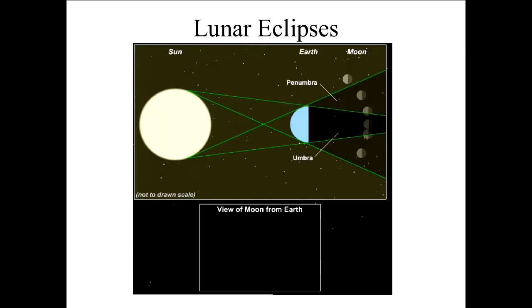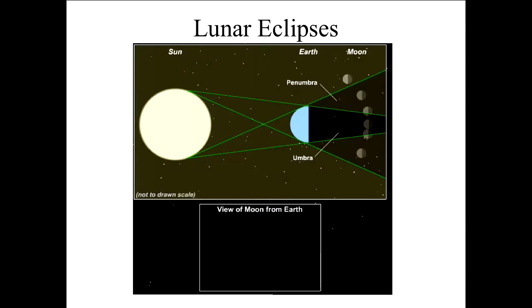And so as the Earth sits here, but the moon orbits by in its path around the Earth, the moon gets in the shadow of the Earth, and so the sunlight that would have hit the moon gets blocked by the Earth, and the moon winks out.